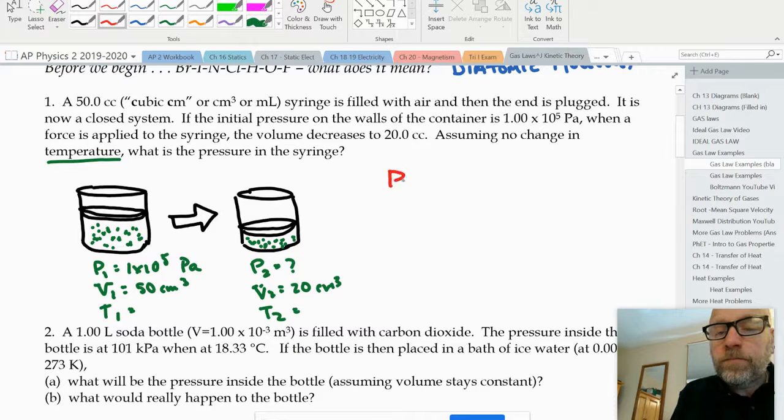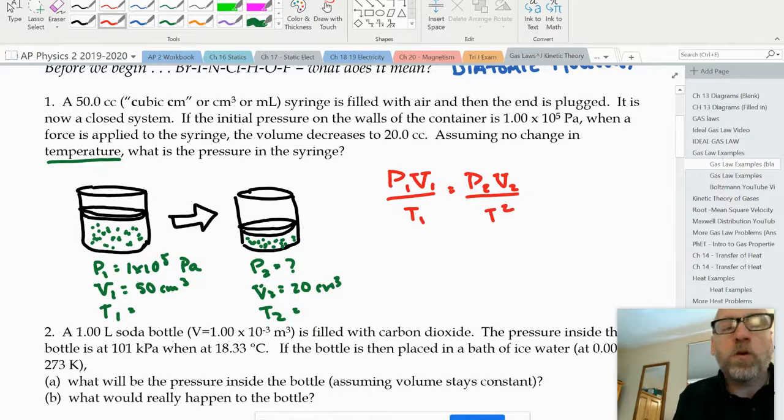P1 V1 over T1 equals P2 V2 over T2. Because the temperature doesn't change, I'm solving for P2. Go ahead, let's do it. So P1 V1 over V2 equals P2.